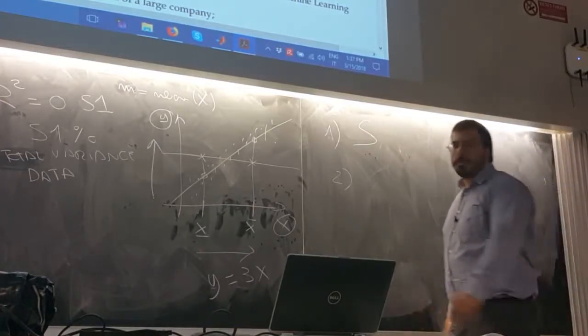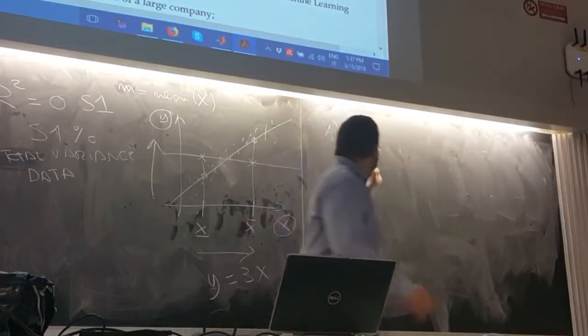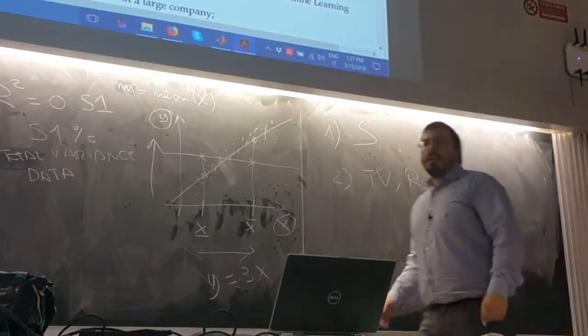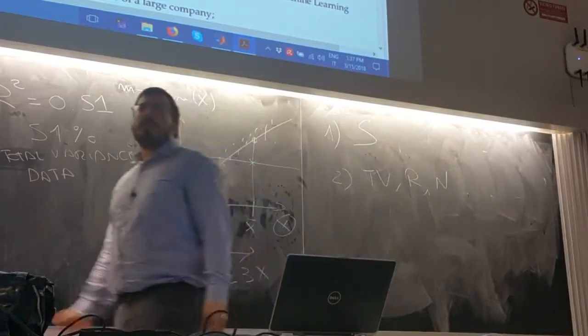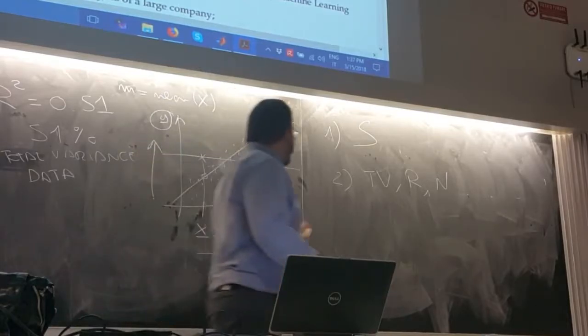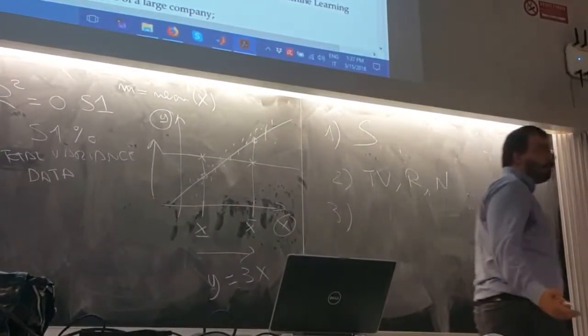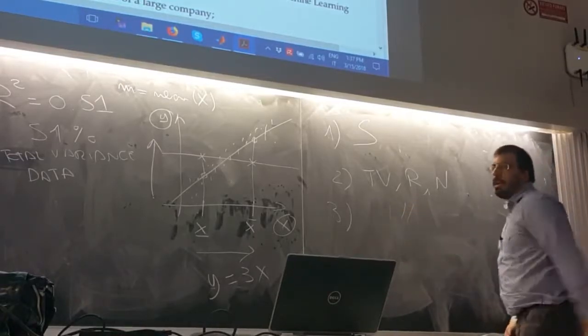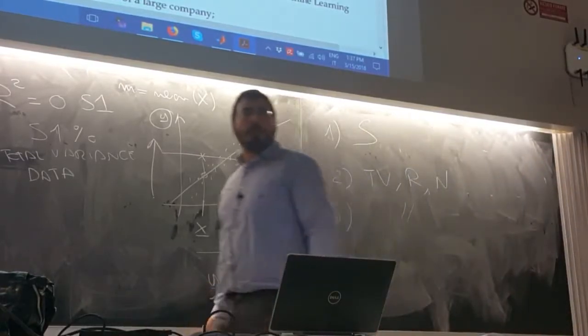It's TV, R, and N. These are independent variables since these are the inputs of our model. What about feature? Feature is just an alias for variable, okay?